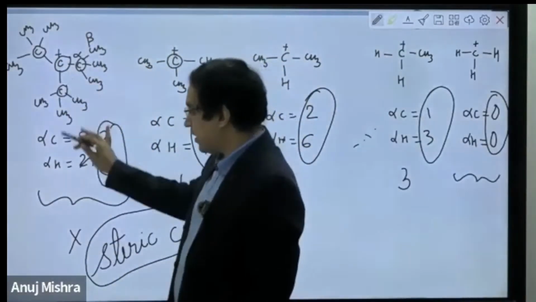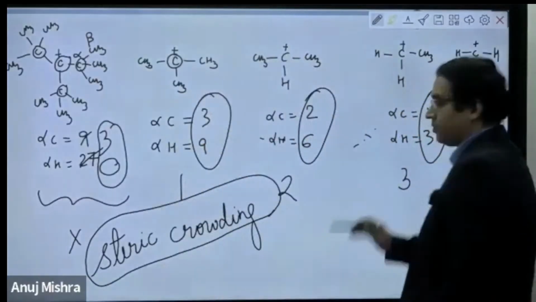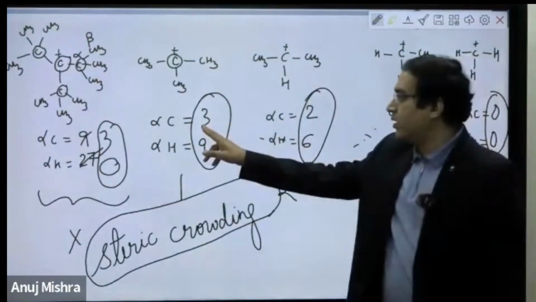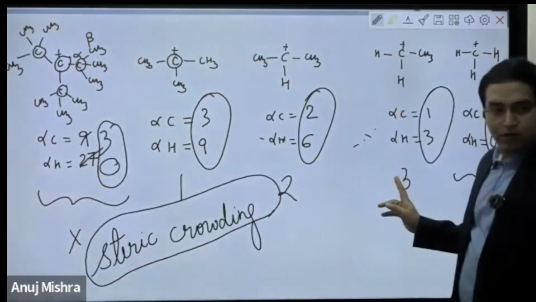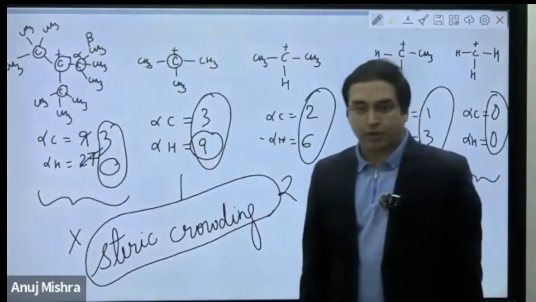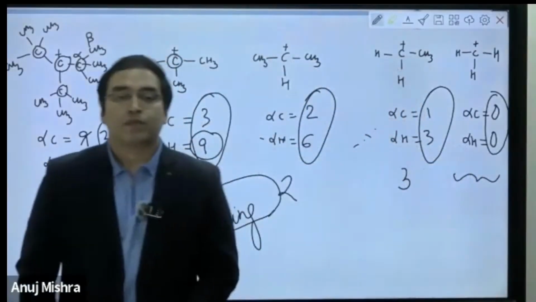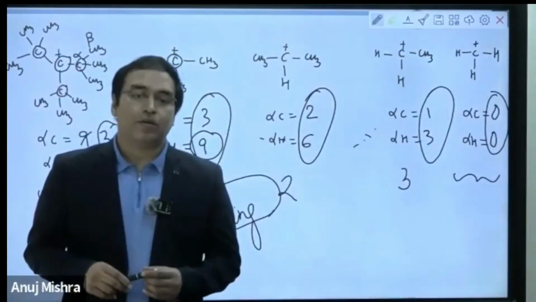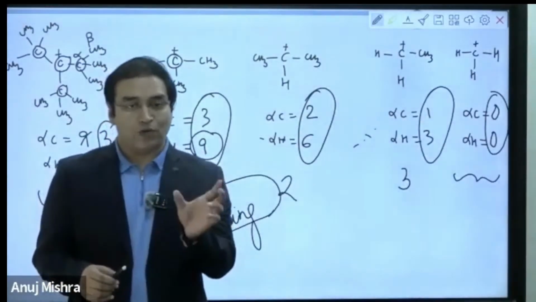ये words चला जाएगा, इससे भी ज़्यादा, ठीक है? This one is best. 1, 2, 3. Because of 9 alpha H. So alpha H is the guiding principle for stability of this. More alpha H, more hyperconjugation structures. No, the vacant orbital is one only.